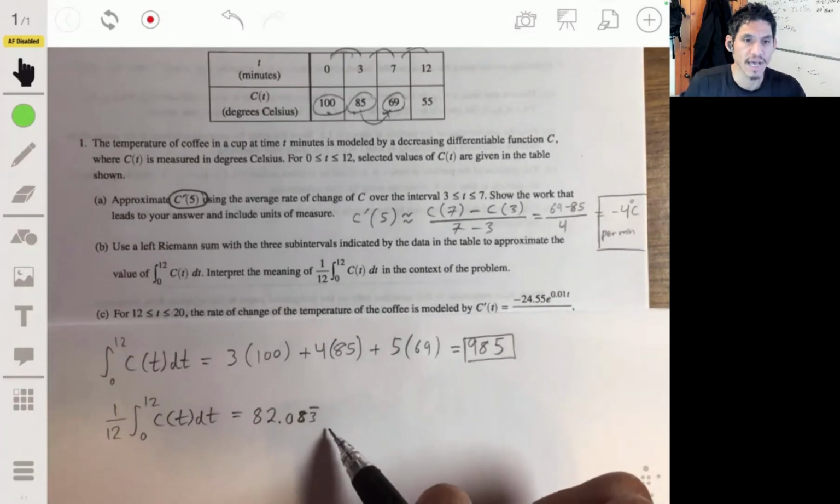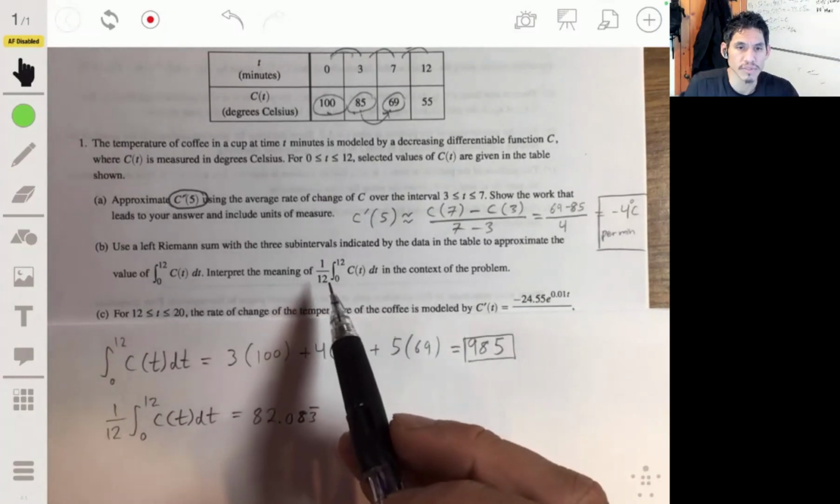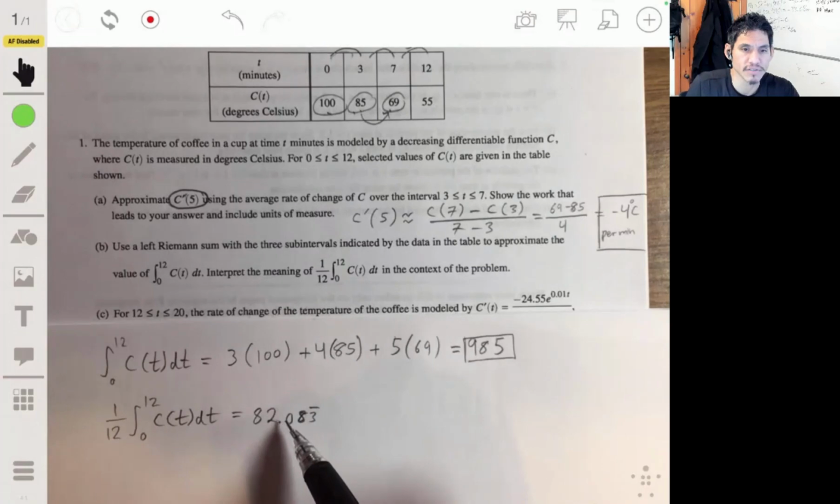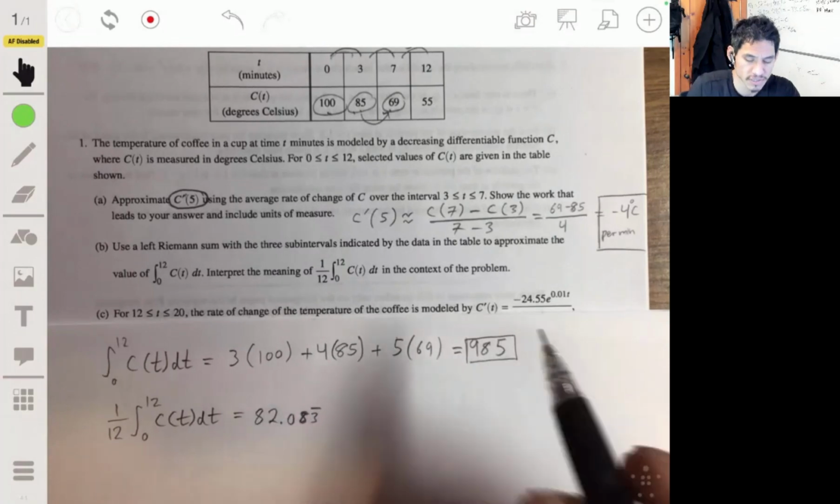This is basically saying that the average temperature from 0 to 12 minutes was about 82.08 degrees Celsius.